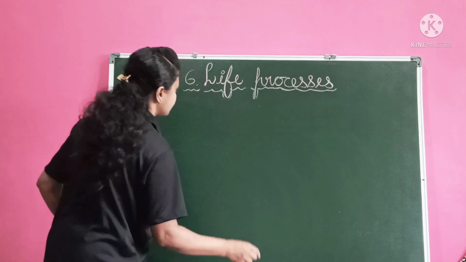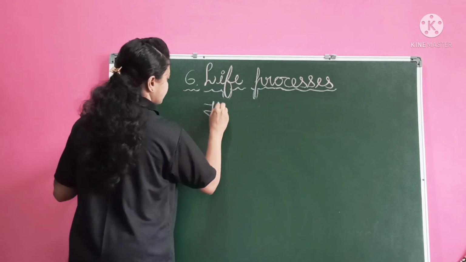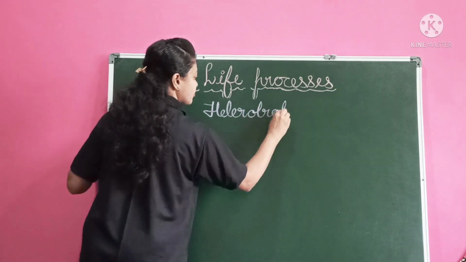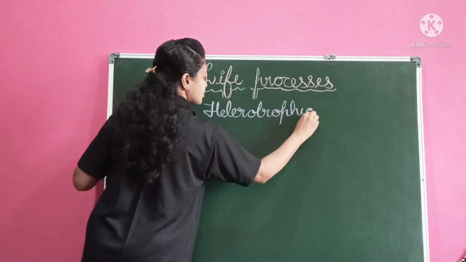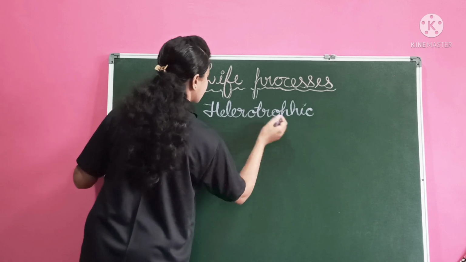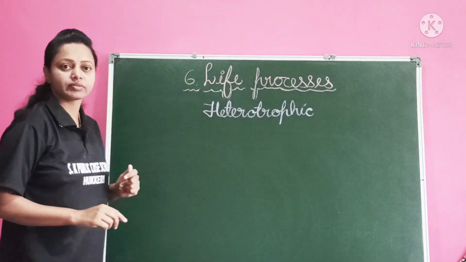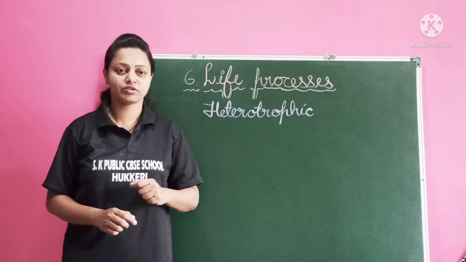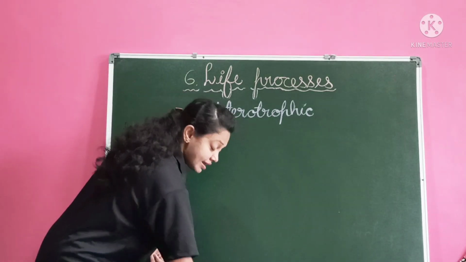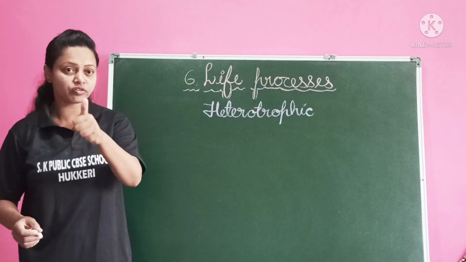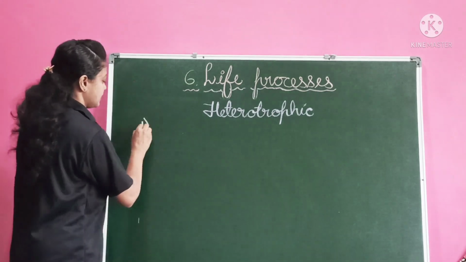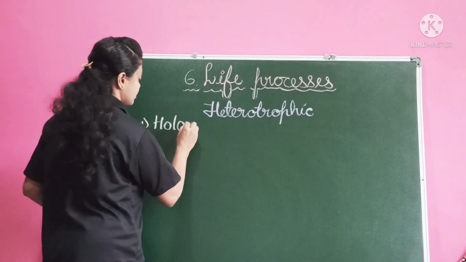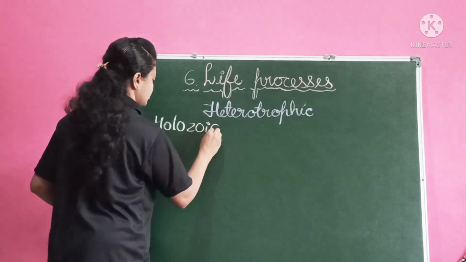Dear students, in heterotrophic nutrition there are 3 types. The first one is holozoic nutrition.